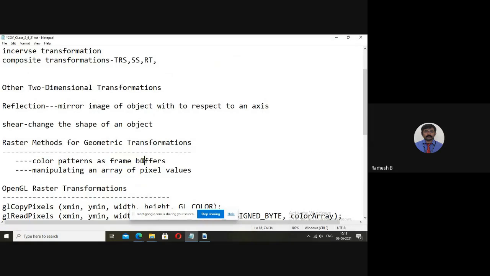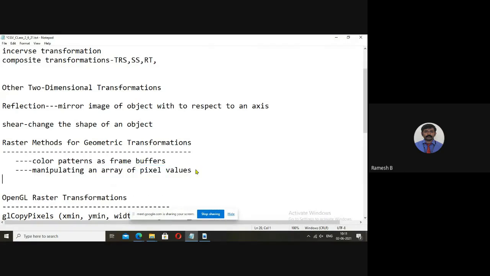All the color patterns, the objects that they want to transform, will be stored in the buffers, known as frame buffers, and we use arrays of pixel values directly for doing the transformations. This kind of transformation is faster, faster to implement.